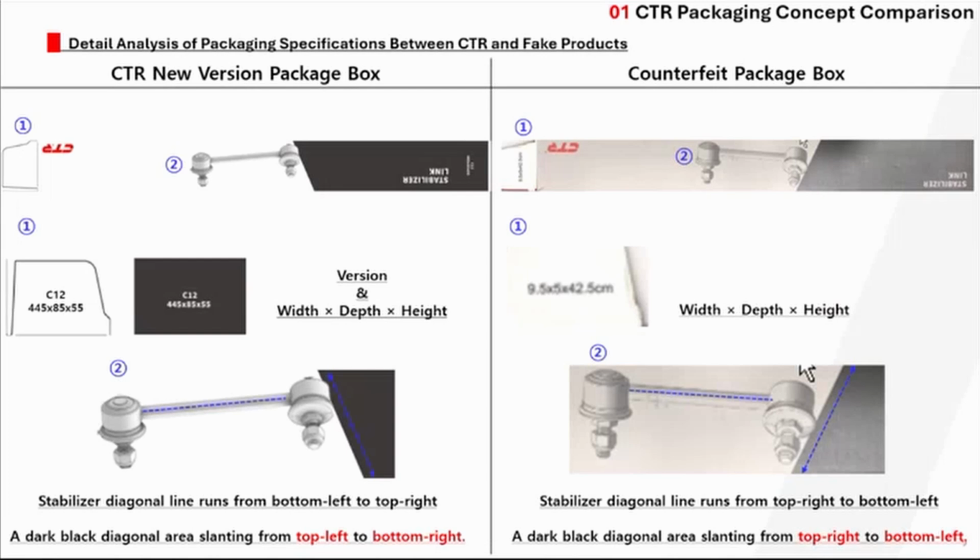On the counterfeit, the diagonal runs in the opposite direction, from top left to bottom right, which is a clear sign of inconsistency. These subtle design differences, especially the direction of the diagonal and the position of product information, are important indicators that help distinguish real CTR packages from fake ones.